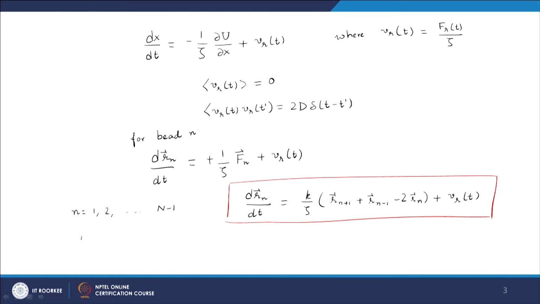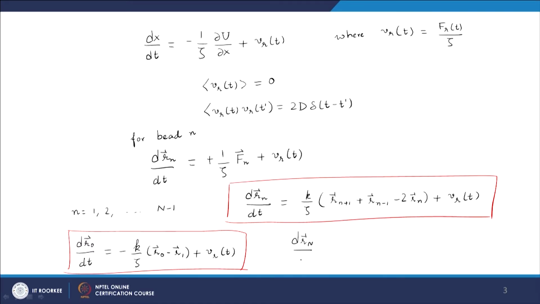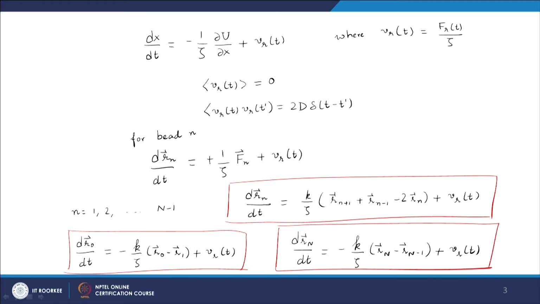So, for n equal to 0, we have this, and for n equal to capital N, we get this relation. Okay.